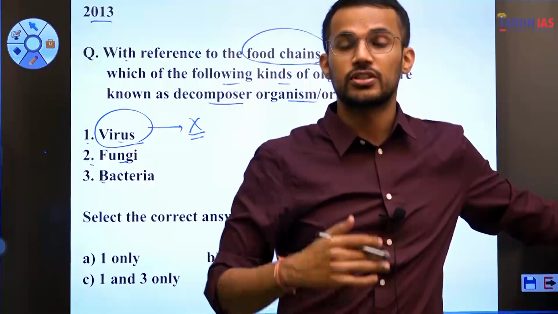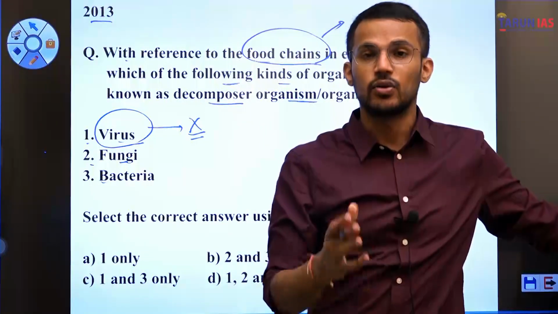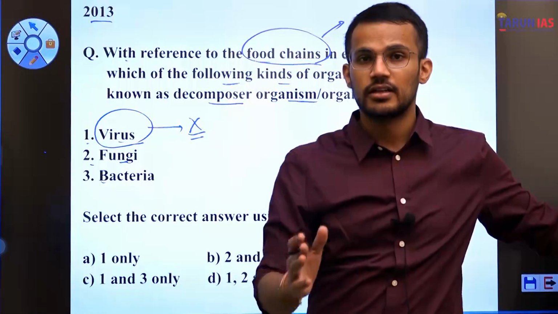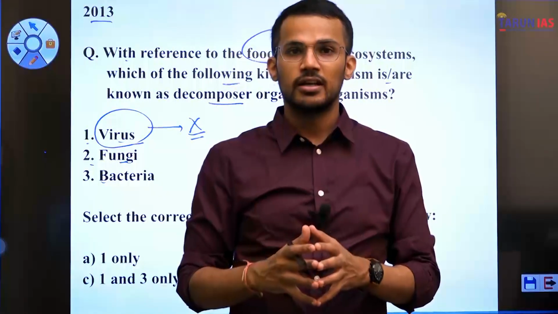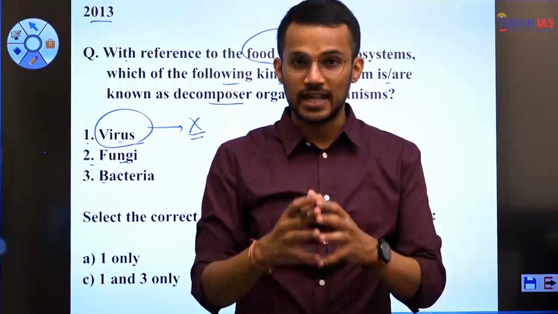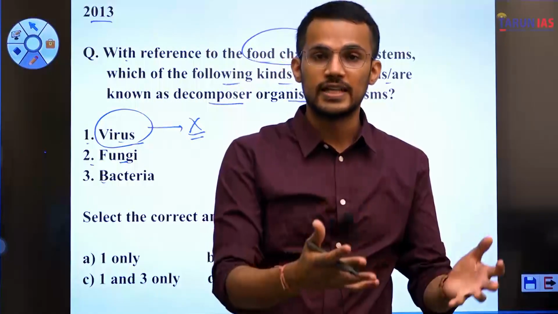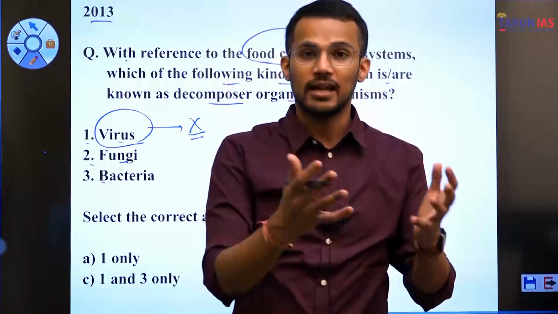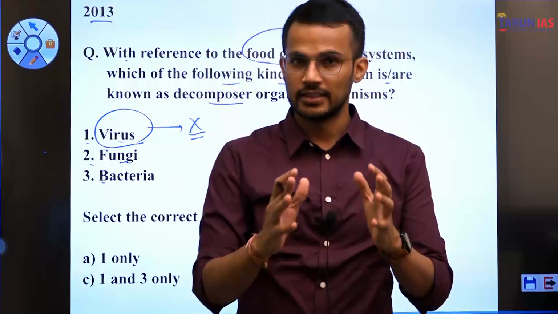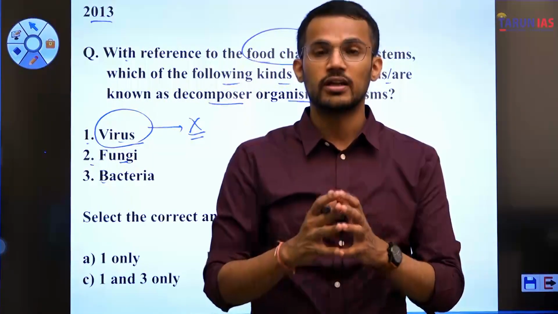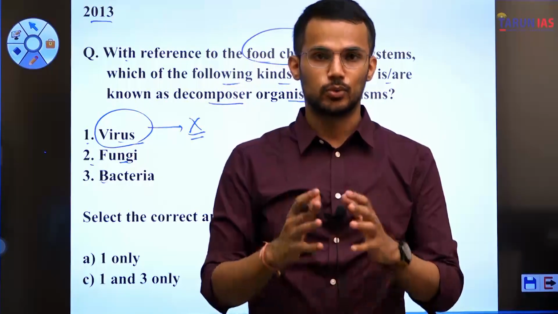It is not decomposition. To multiply themselves, virus will need a host body. And any dead organic matter is dead, there is no cell alive whose mechanism can be hijacked by virus to multiply. And that's why viruses are not considered as decomposers.